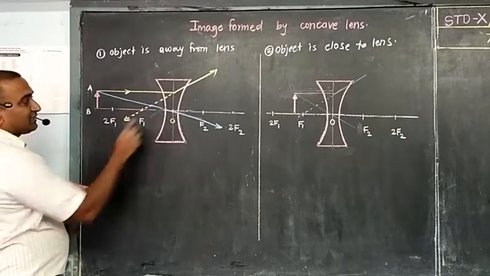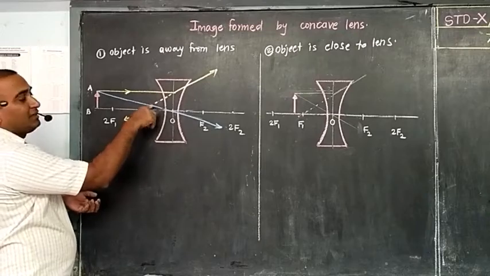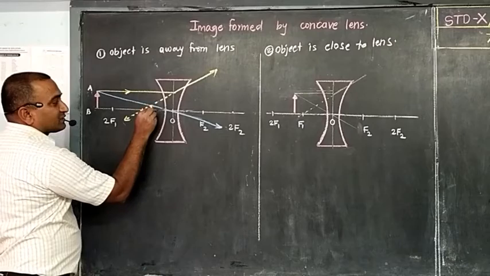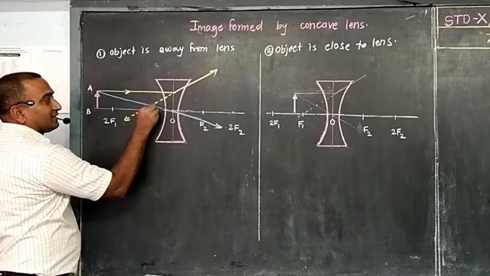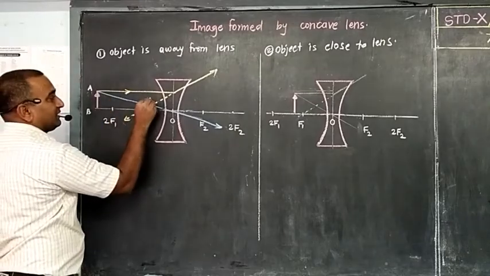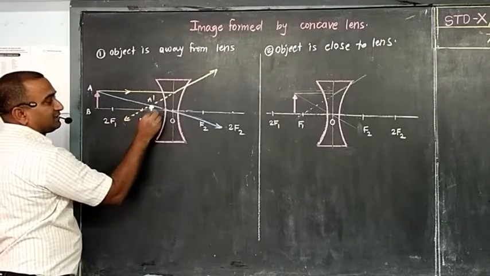Here is the meeting location of these two rays, and a very small image we are getting here. See, this is the image: head is here A dash, foot is here B dash.